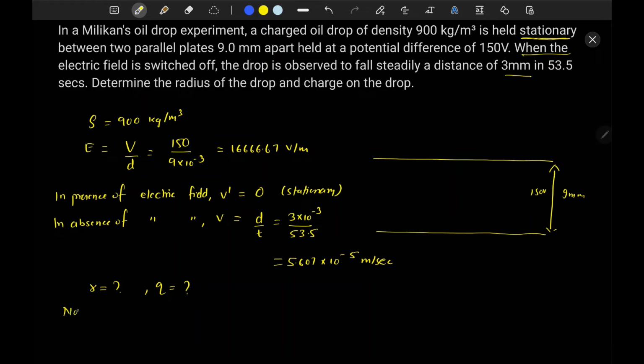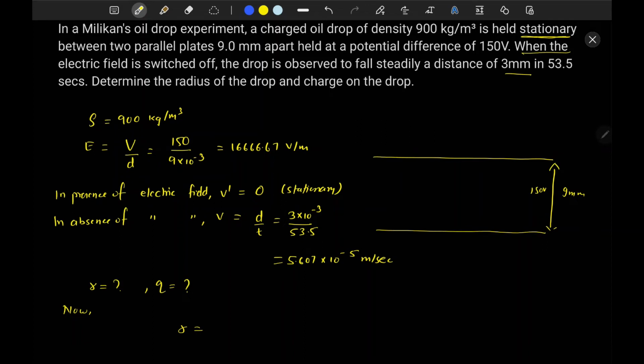We have the direct formula for radius as r is equal to root under 9 eta v by 2 into rho minus sigma into g. Rho is the density of the oil which is given, sigma is the density of air, and the density of air is 1.29 kg per meter cube. Similarly, eta is the viscosity of air, this is 1.80 into 10 power minus 5 Newton second per meter square.